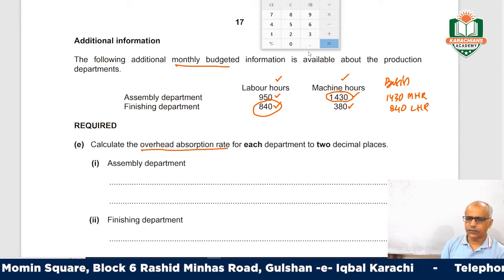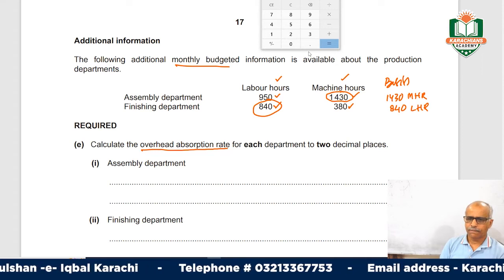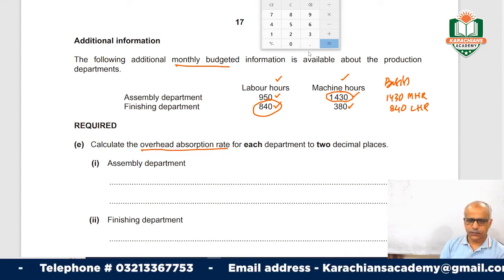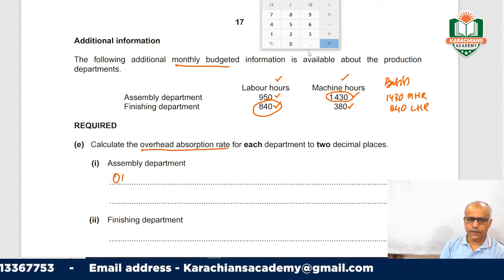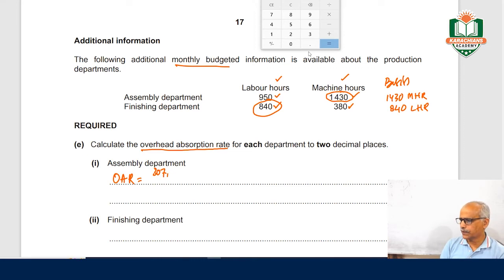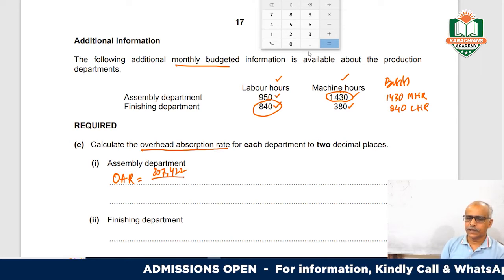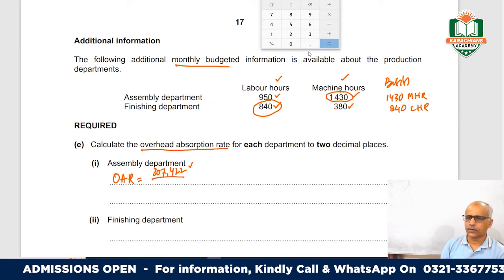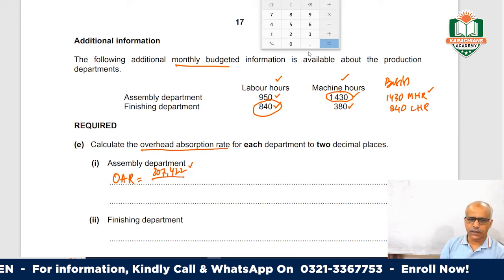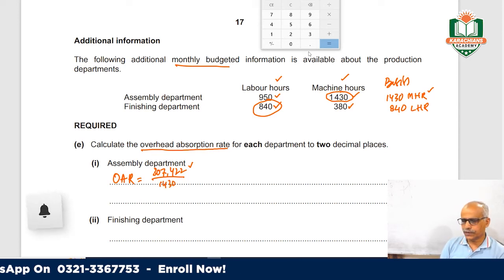For each department, round to two decimal places. So how much was the total? The overhead absorption rate would be total overheads. Total overheads were 307,422, and you have to divide this by the budgeted cost driver. So budgeted machine hours for assembly are 1430, right?